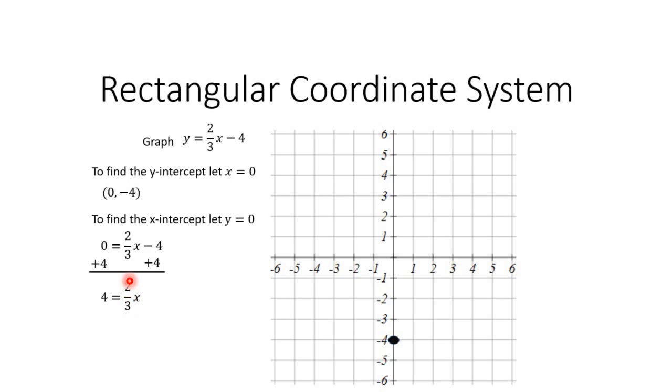Then to get rid of multiplication by 2 and division by 3, I'm going to divide by 2 and multiply by 3.